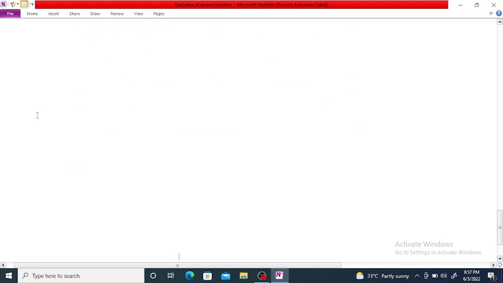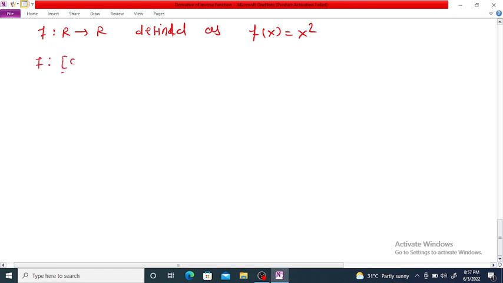We can verify the above formula by taking a simple example. Suppose f is a function from R to, say, 0 to infinity, defined as f of x is equal to x square. Say f is a function from 0 to infinity to 0 to infinity.